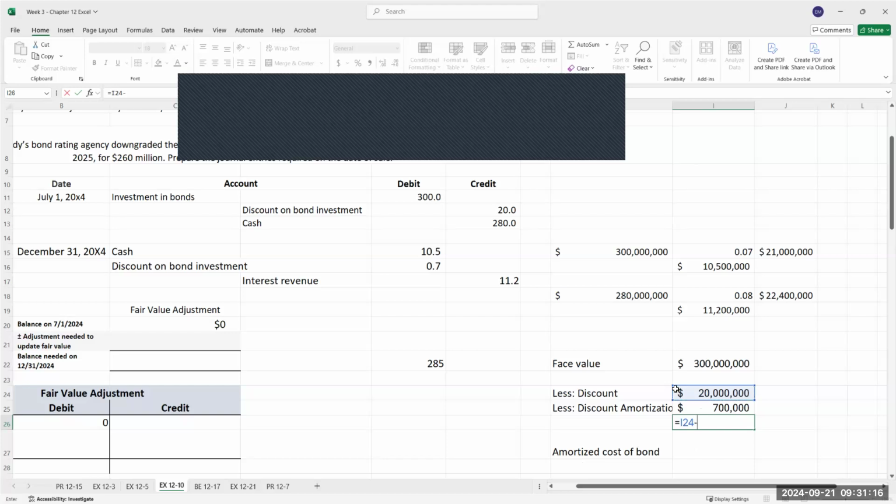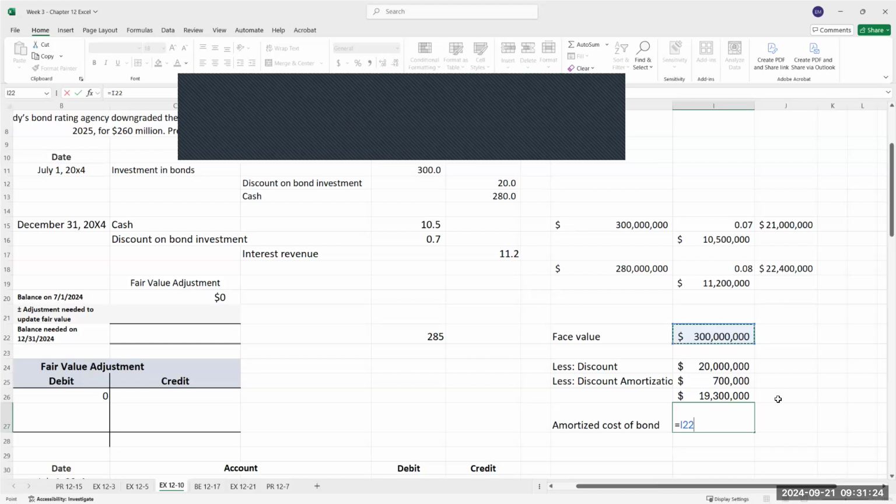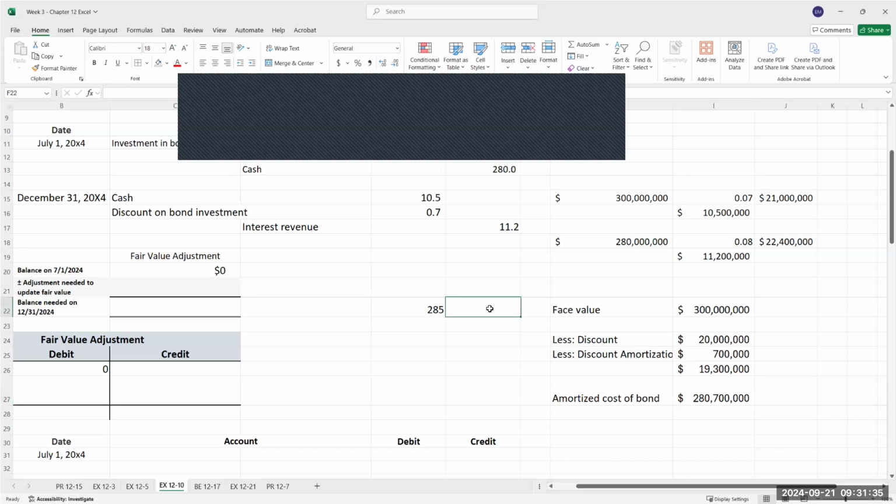So it's the 20 million minus the 700,000 that was amortized. So therefore, the amortized cost of the bond is the face value minus the current balance in the discount on bond investment. So therefore, the amortized cost of the bond is 280,700,000.